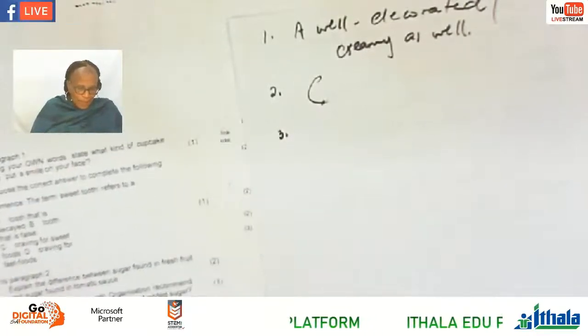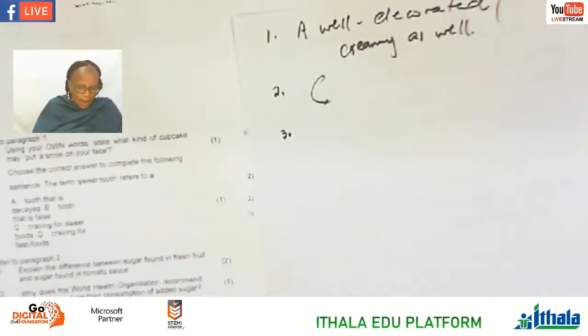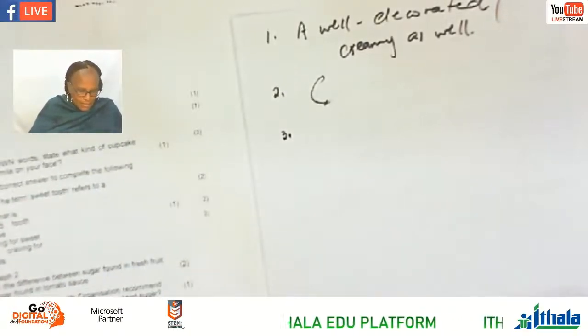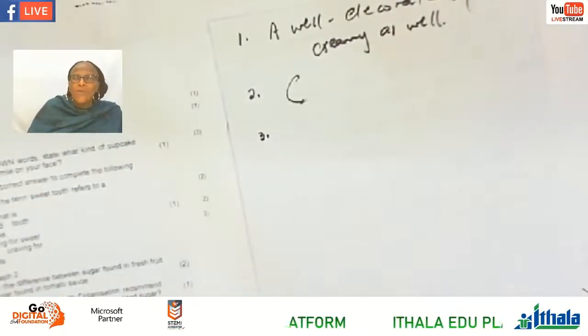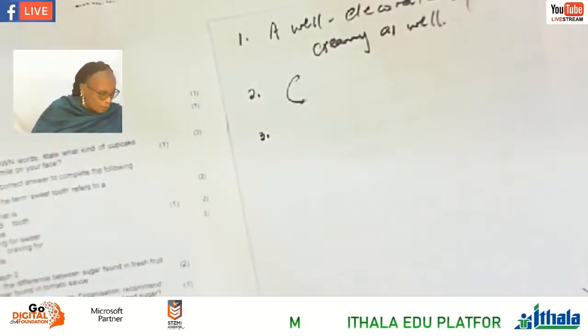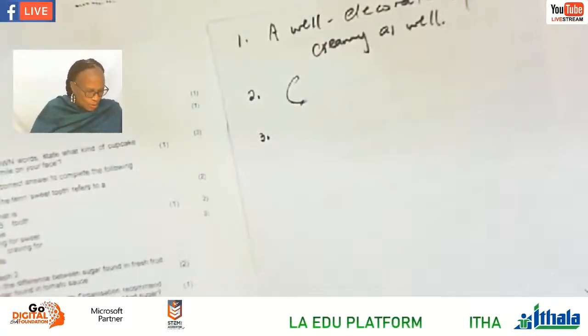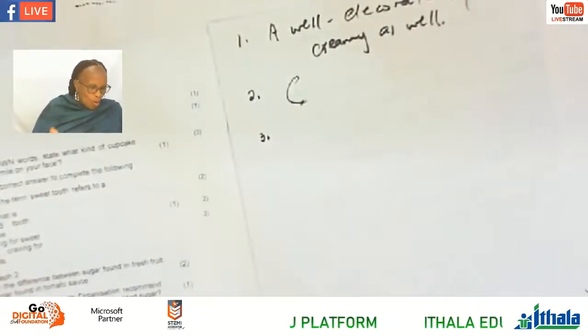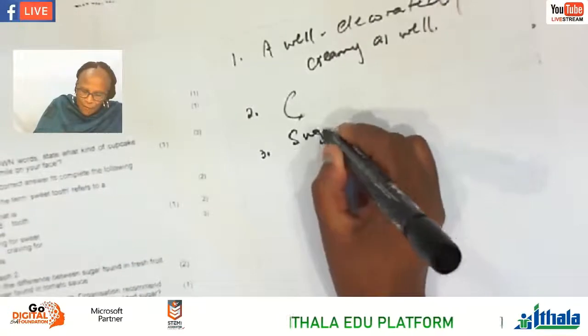Okay, let's go to paragraph 2, which is question 1.2. Batilapa, explain the difference between sugar found in fresh fruit and sugar found in tomato sauce. Uyini umehluko phakathi kashukela otholakala kuma fruits noshukela otholakala ku tomato sauce? Bathe lapha usugar that is found in fruits is sugar in its natural form.